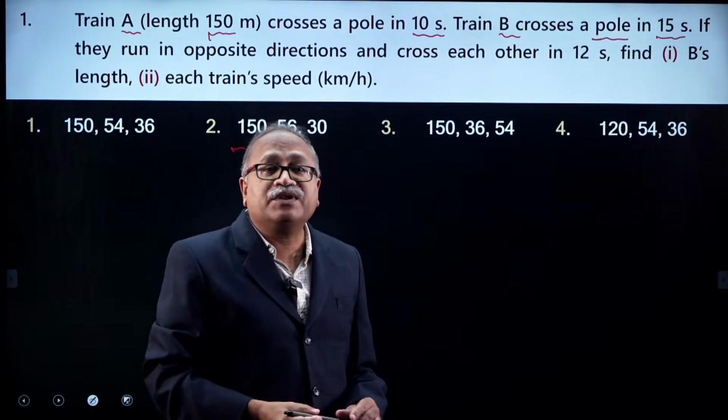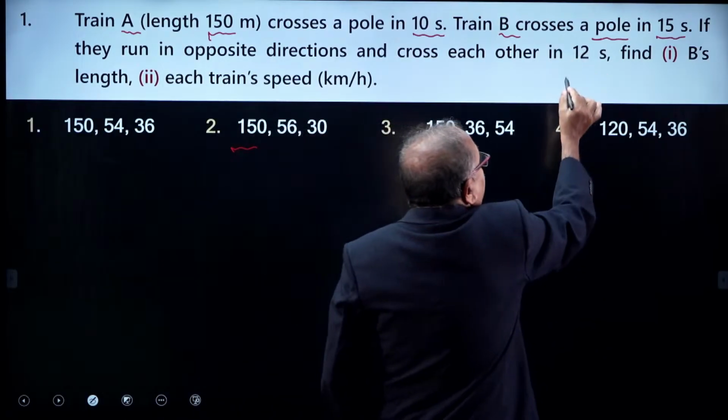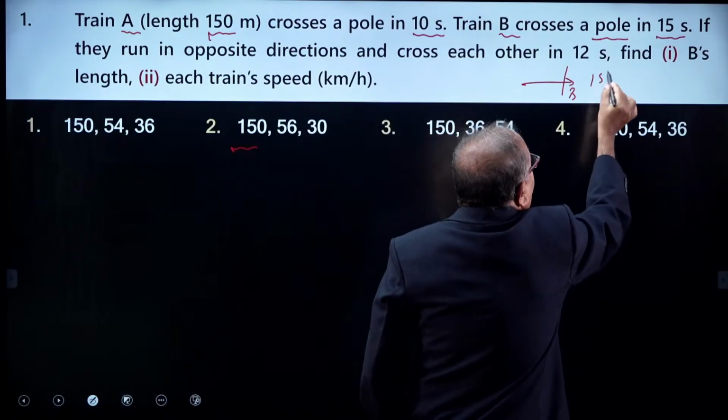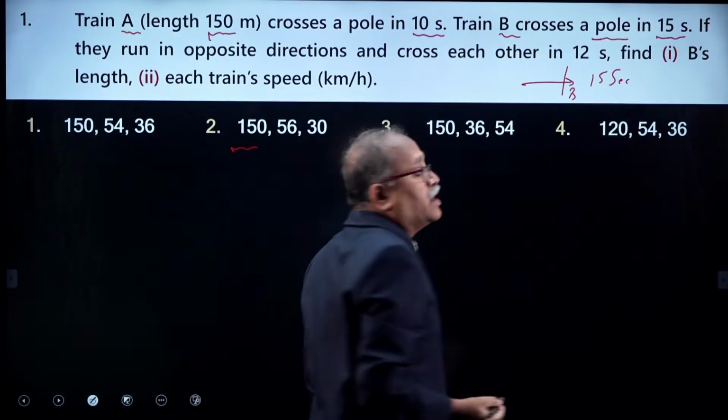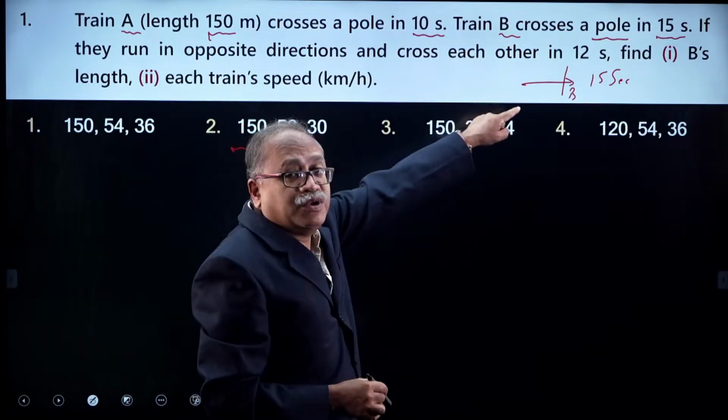The length of train B is not given, but train B crosses a pole in 15 seconds. I only know this part, so train B's speed I cannot find out from this information.